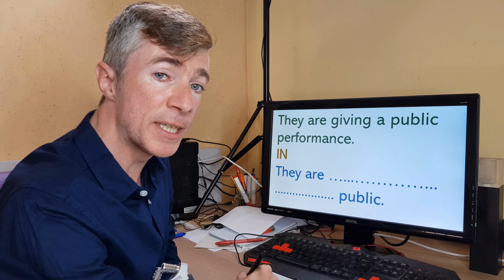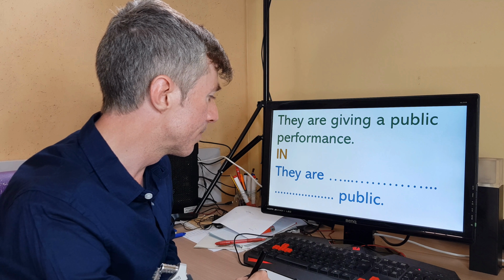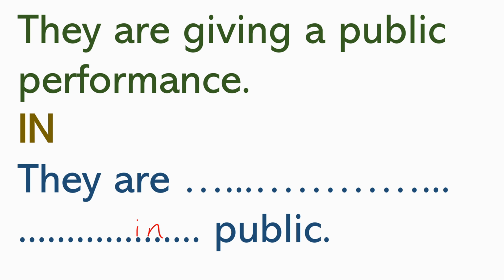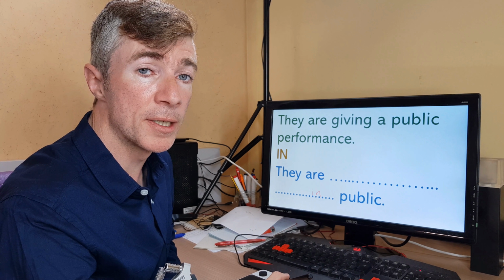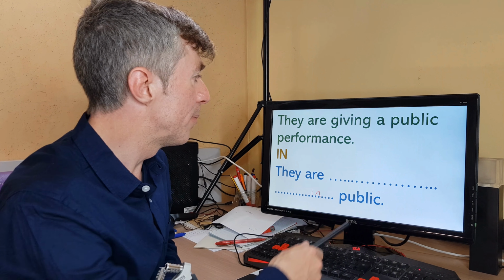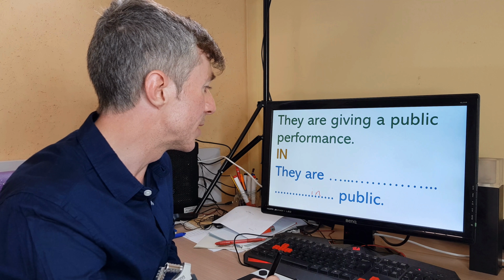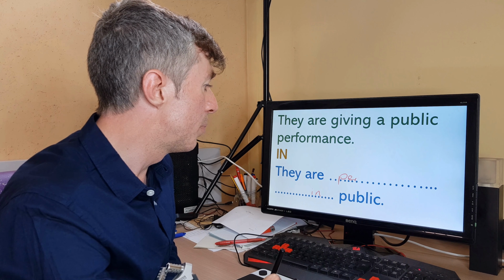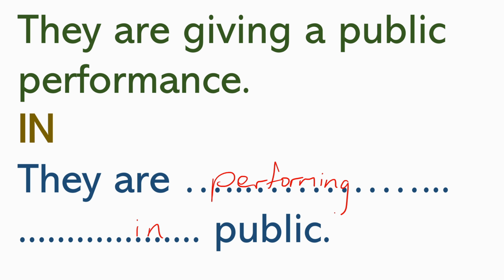In this case, they've given us the preposition in, so in public, and the phrase to give a performance we can replace with the verb from performance, which is perform. Remember, we need to keep it in the present continuous. So they are performing in public. They are performing in public.